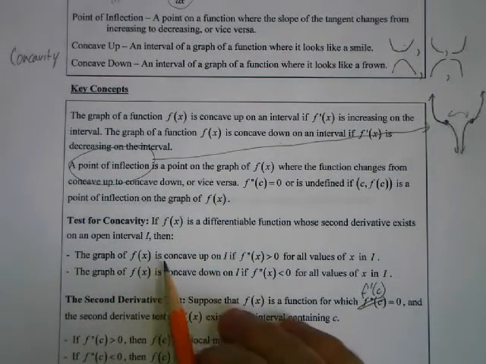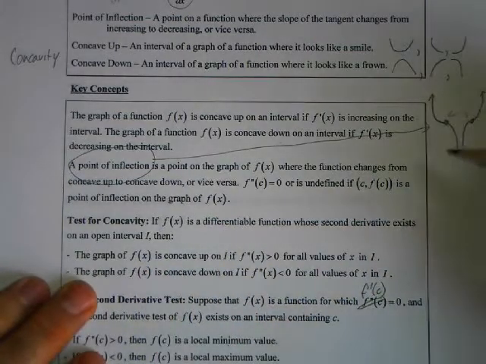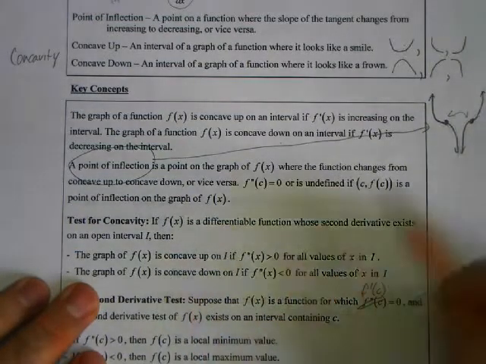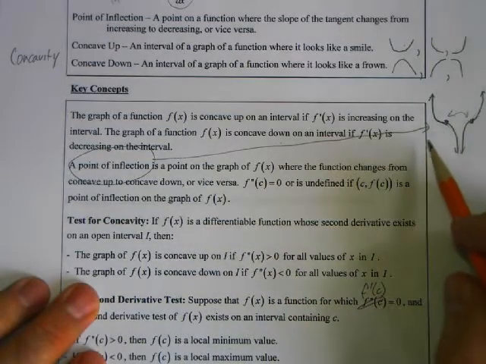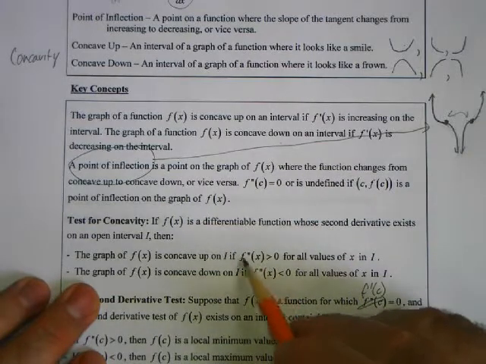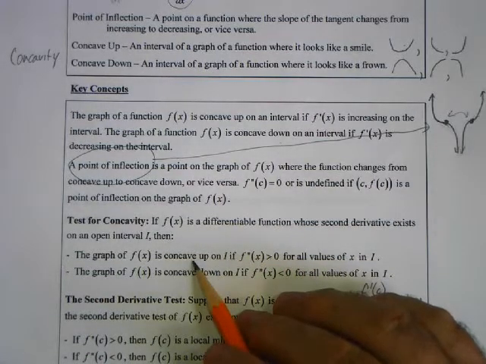Now, once we find the point of inflection, how do we know it's one of these situations, or maybe something completely different? How do we find out which shape it is? Well, we do interval testing just like we did for critical points. If the second derivative for a test value of x is positive, that means it's concave up.